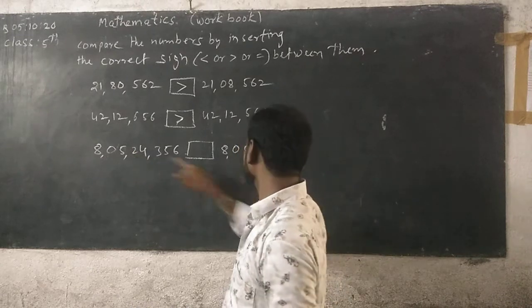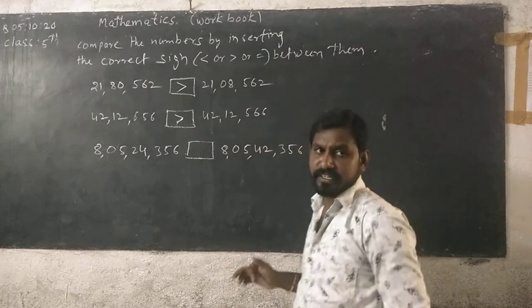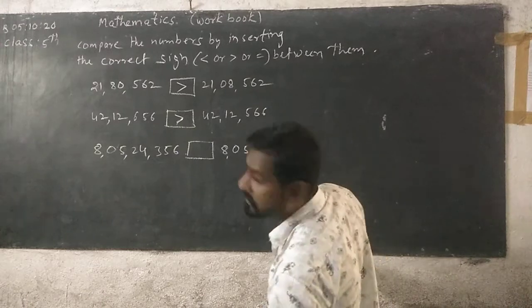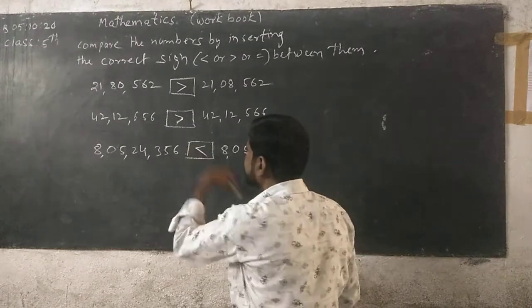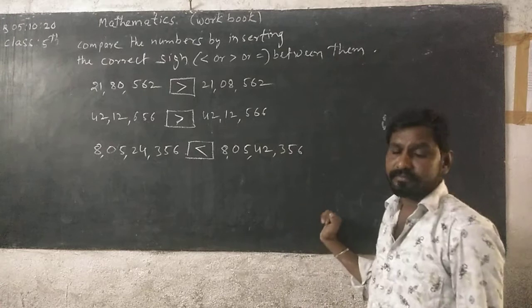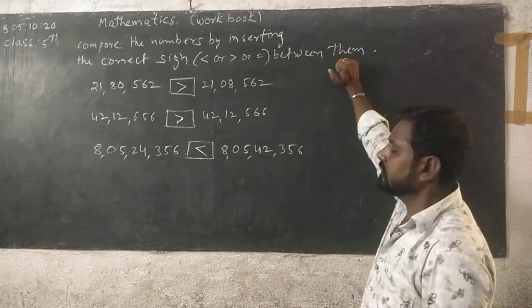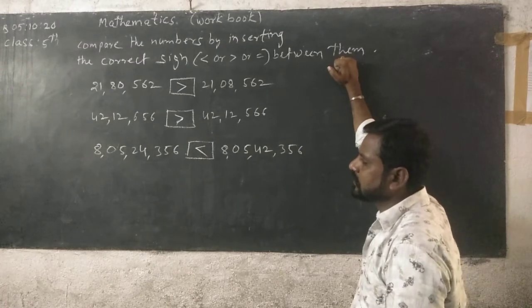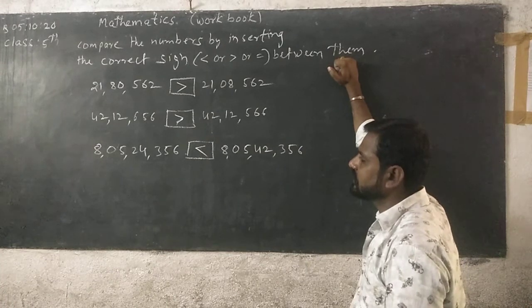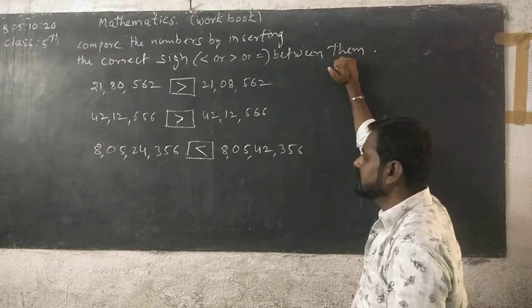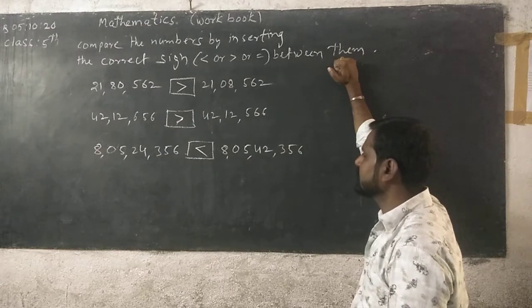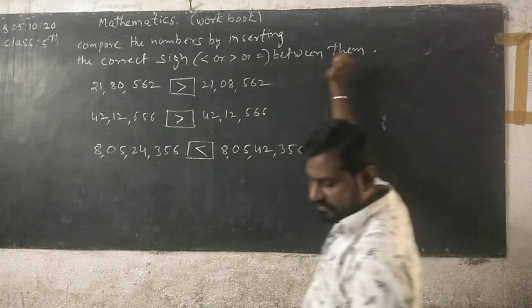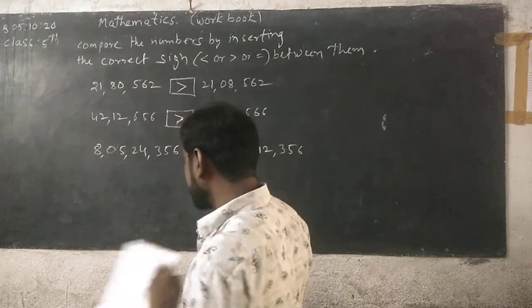Here 24,000, here 42,000. So 24,000 is less than 42,000. You can use the less than symbol. Then 8 crore 5,24,356 is less than 8 crore 5,42,356.